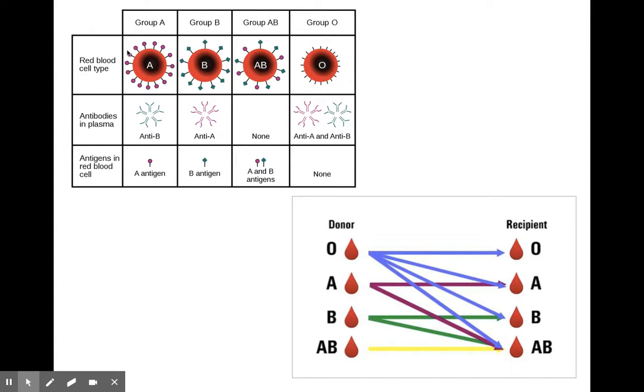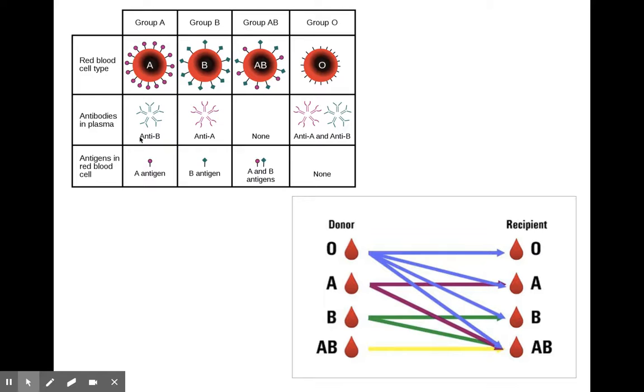So if you're A, then you have blood type A, and you have these little proteins on your red blood cells. So your body knows that that belongs to you and it likes that.